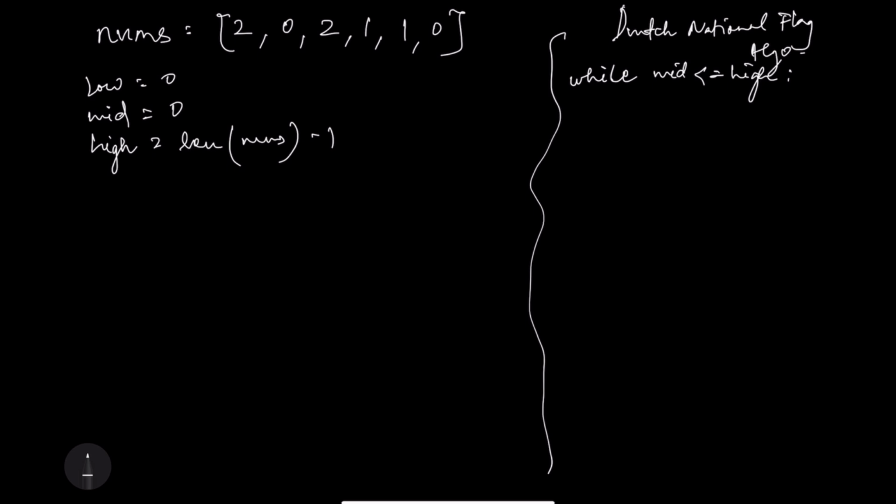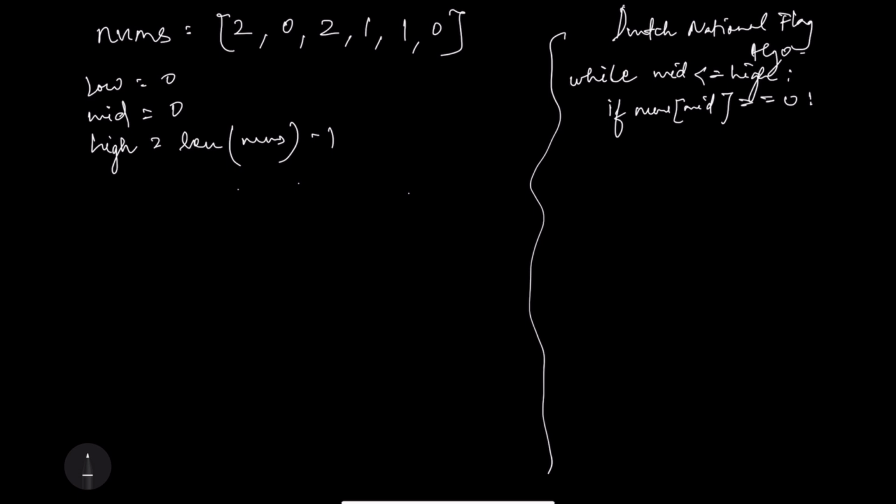What we will do, we will first check if nums of mid is equal to 0. In the lows we want our 0, in the mid we want our ones.